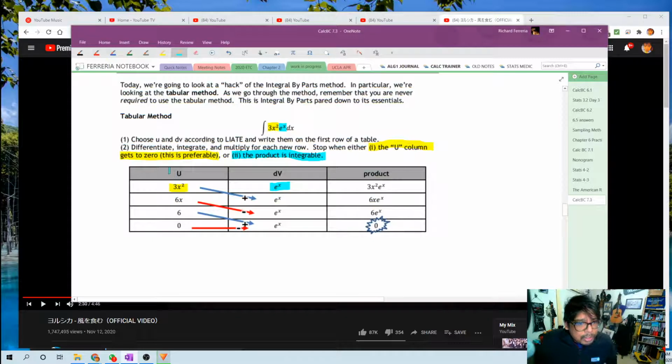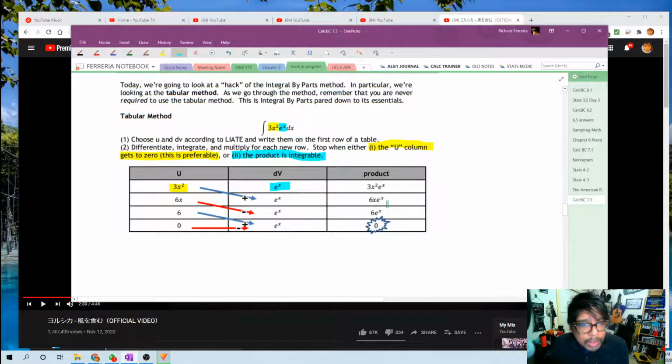So we're going to multiply the products across here. 3x squared times e to the x is 3x squared e to the x. 6x multiplied by e to the x is 6x e to the x, etc. Notice that when we get to the bottom, the product is going to be 0, which means that we're stopping.